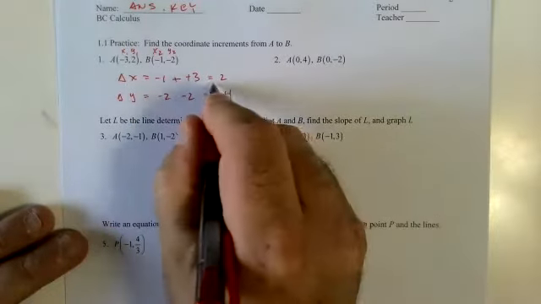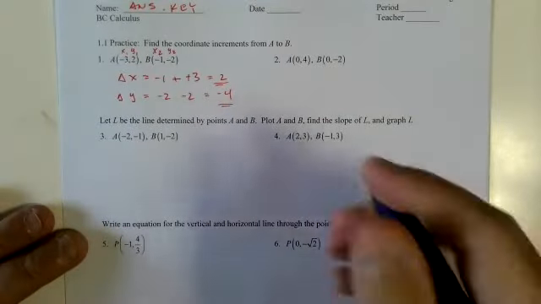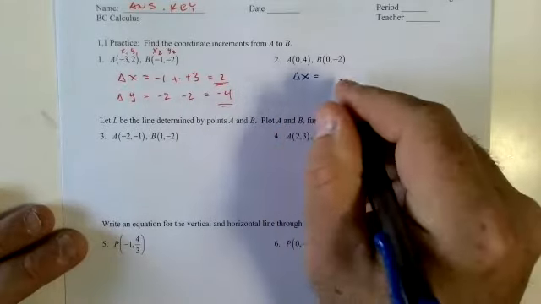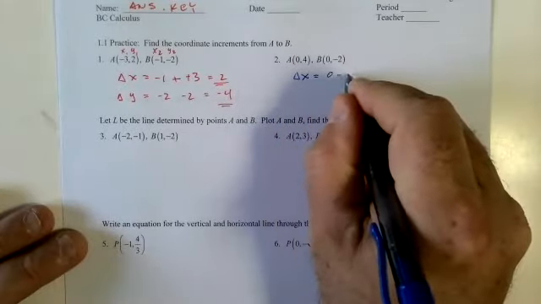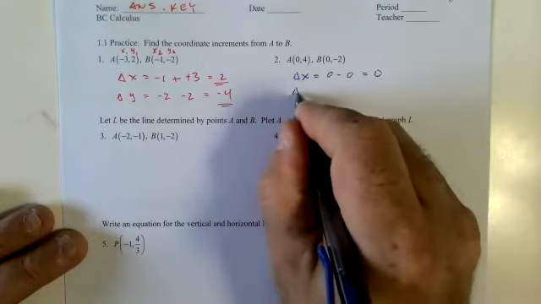Notice I didn't ask for slope. Notice I didn't ask for you to make them a fraction and reduce them. So off we go. So here, delta x, 0 minus 0. I would still label these, but again, I'm going to move a little faster.